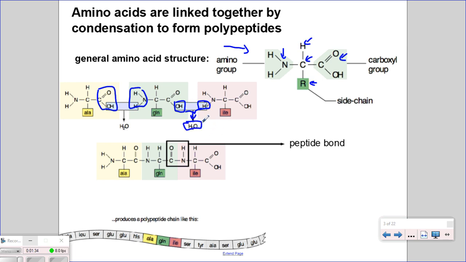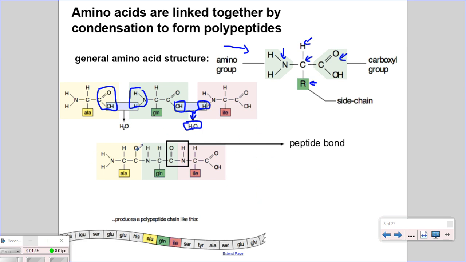The fact that we have water being formed, this reaction is referred to as a condensation reaction. And then the whole thing here is the peptide bond itself. So the carbon double bonded to oxygen, and that carbon single bonded to nitrogen is the peptide bond.